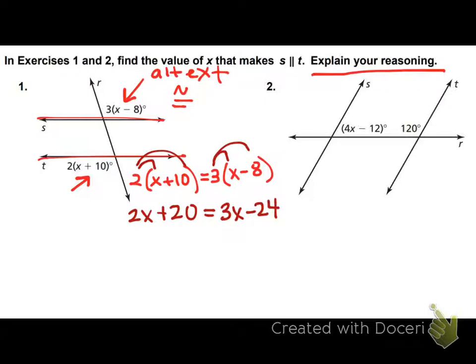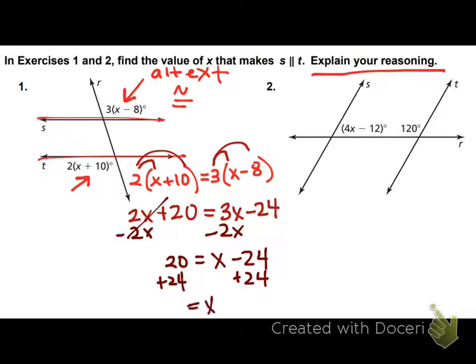I always move my smaller x, which here is 2x. How do I move that positive 2x across the equal sign? Subtract it. So 20 equals 3x minus 2x is x. And then my last step, Reagan, you've got it? Yep. I did, but it's fine. Everything's fine. 20 plus 24 is 44.